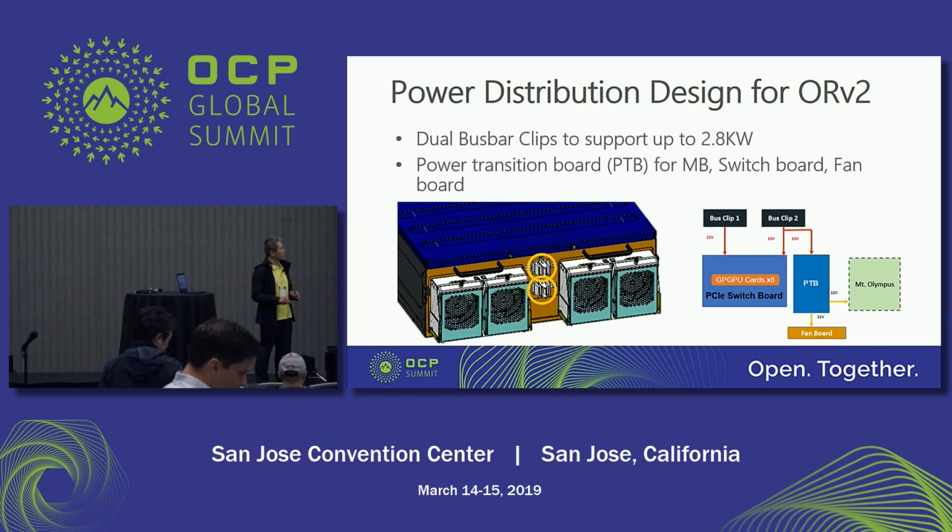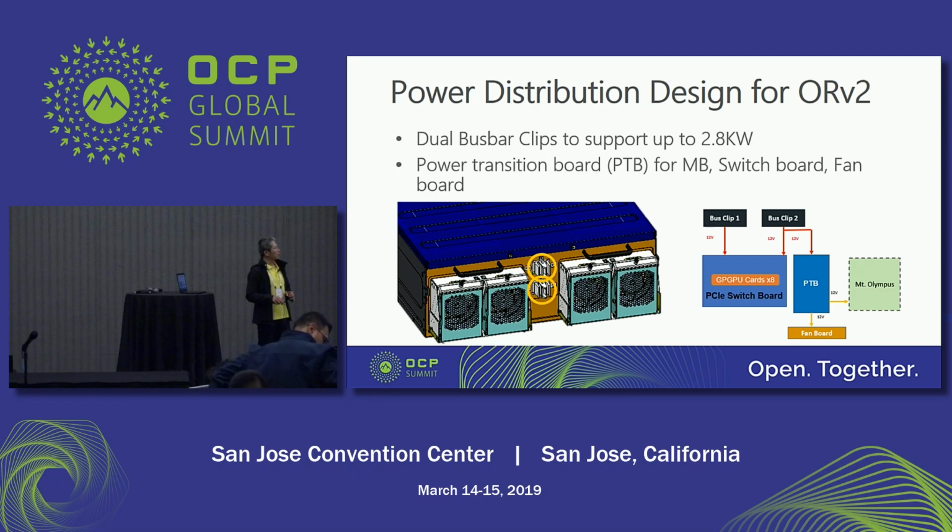Clip 1 will support the switchboard directly, while the other clip will support the switchboard, motherboard, and fan board simultaneously, so that we can keep this system in good condition.